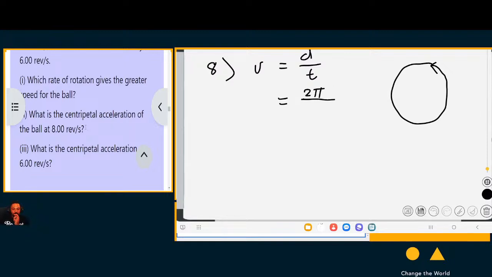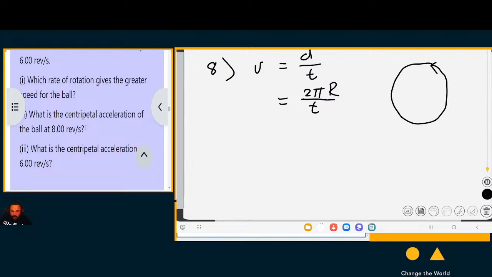There's something missing. Alizwa, you forgot. Yes, Yanela got it right. 2 pi r. That's the distance you travel in a circle, okay? Divided by the time it takes you. That would be your speed, if you're traveling in a circle.